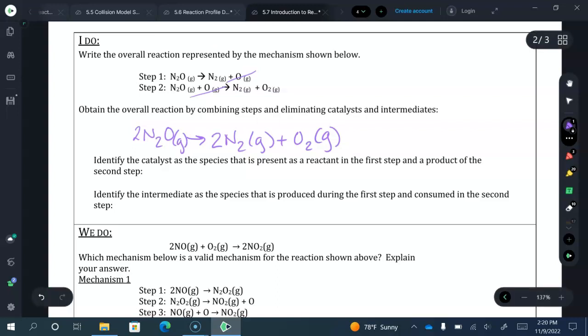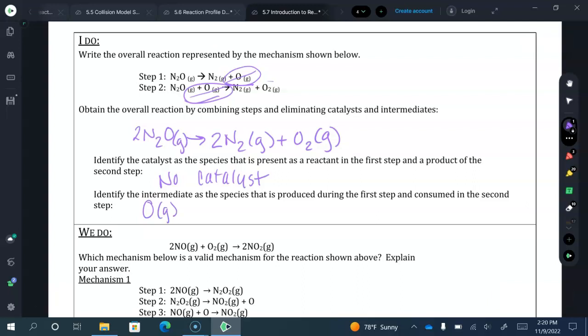Well, we don't see anything that is a reactant in step 1 and then a product in step 2. So there is no catalyst. And then identify the intermediate. Well, the intermediate is the one that is first produced and then consumed again. So the oxygen atom is the intermediate in this reaction.